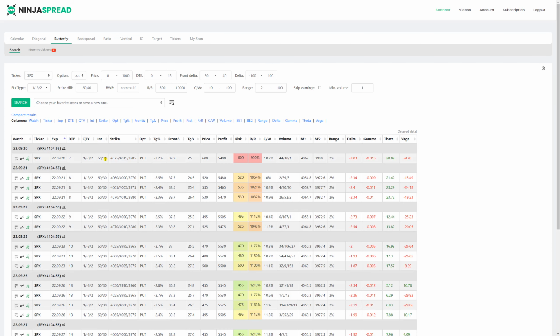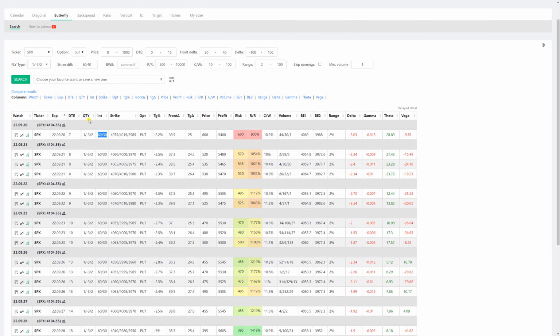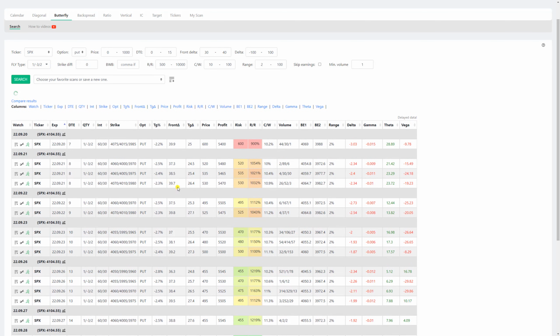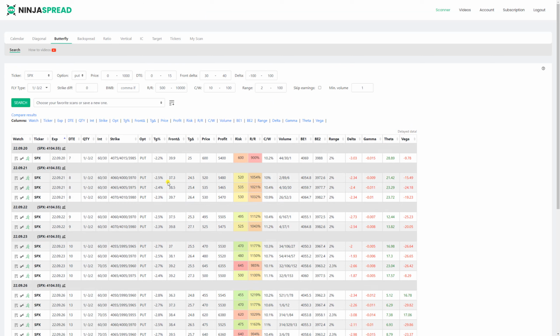With 60-40, I find 60-30, and there is no 40-20, right? The easiest one is to look for 0 if I'm not sure what type of strike differences I'm looking for in a put butterfly, but I want to specify the range, the reward to risk, and the cumulative delta, for example.